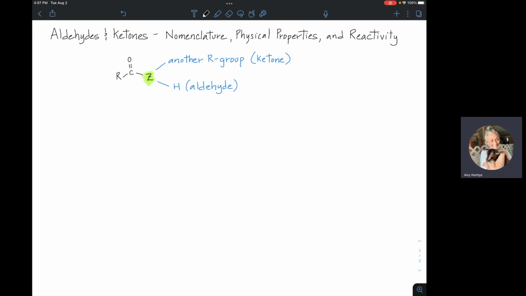For aldehydes, the potential leaving group would have to be the hydride anion. Hydrogen, H2, has a pKa somewhere around 40, which is very weakly acidic.